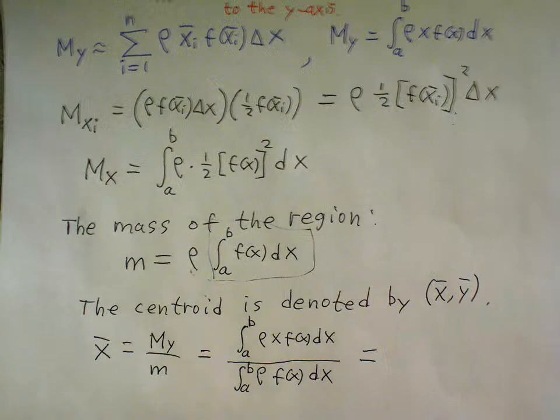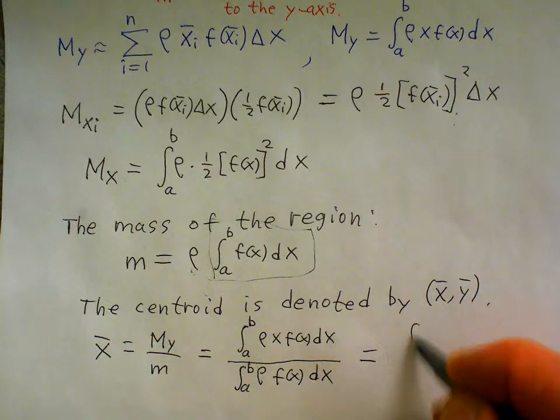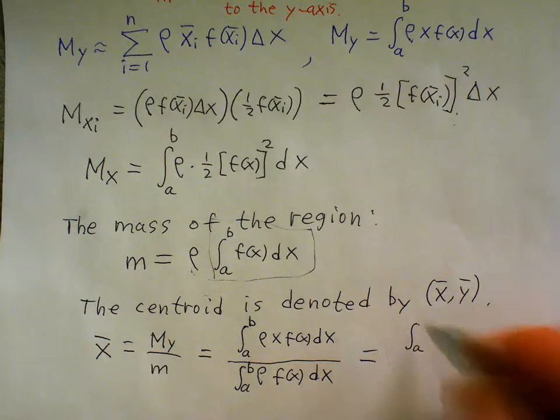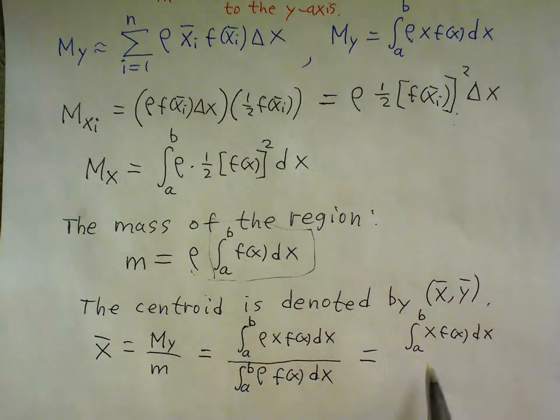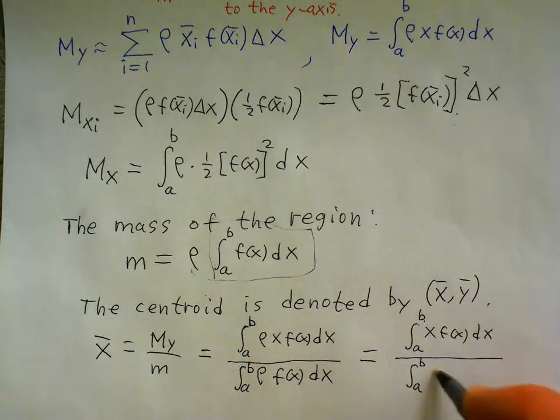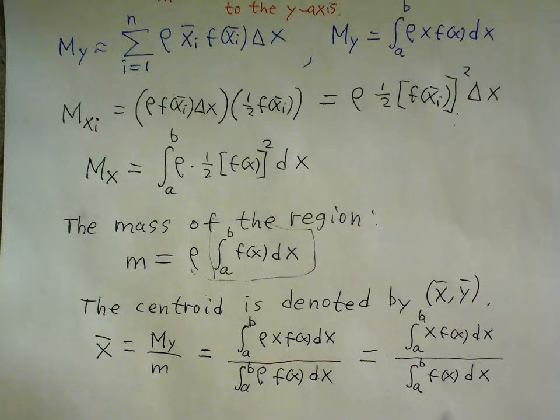So we can just write that the x-coordinate of the centroid is the definite integral of x times f of x dx from x equals a to x equals b in the numerator, and in the denominator is the definite integral of f of x from x equals a to x equals b. This is a formula that you should memorize for the x-coordinate of the centroid.